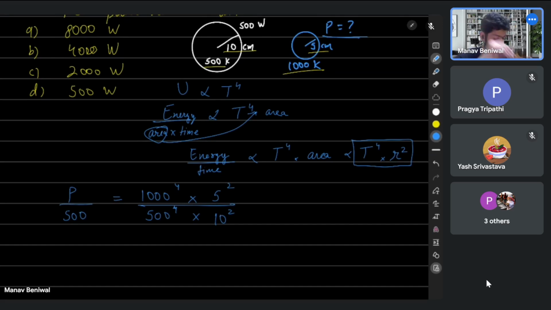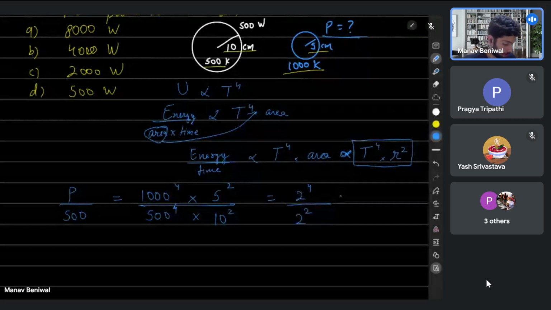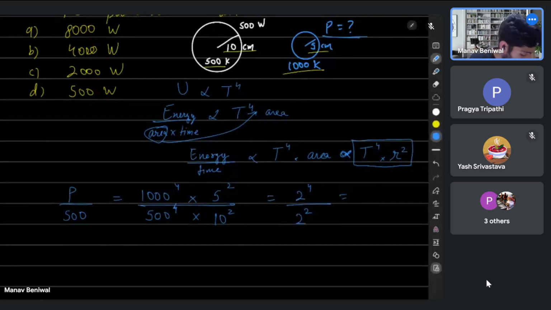Any doubts still here? I have just made use of this proportionality, and I have written our equation like this. So you can just write this as 2 to the power 4 divided by 2 to the power 2, which is 16 over 4, which is 4.